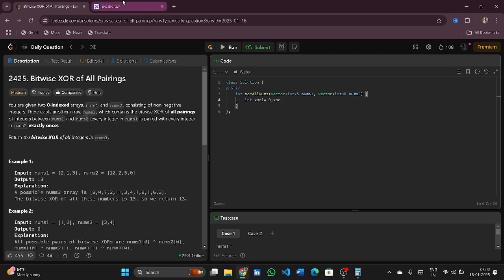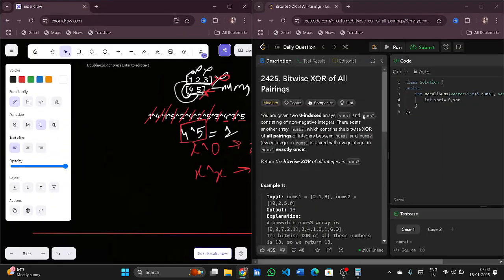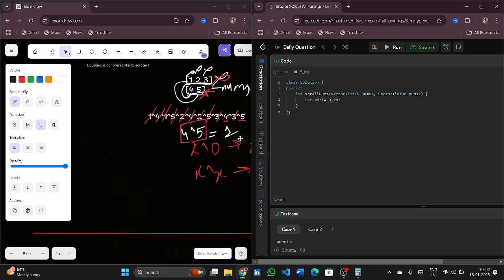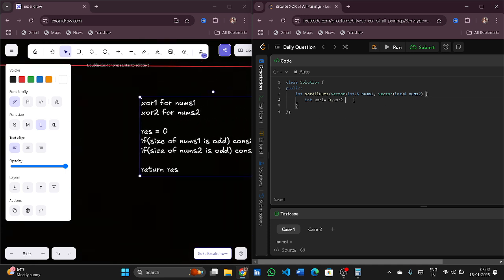Now, as I said, int XOR1 is equal to 0. XOR2 will also be initialized to 0.